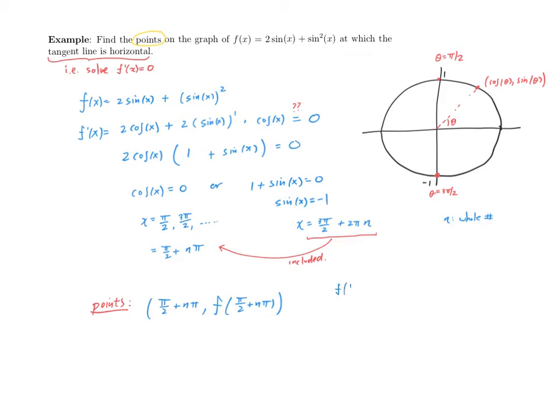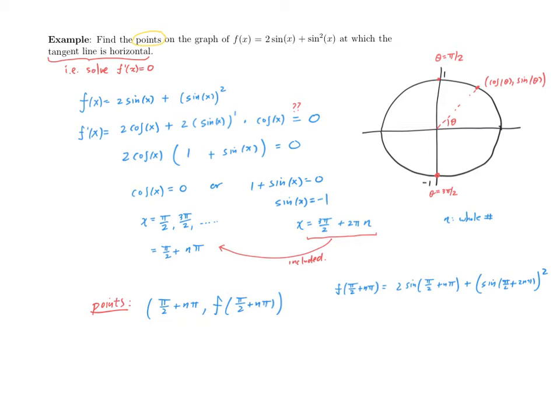So if I want to know what is f of pi over 2 plus n pi, I can go ahead and substitute that in to our function f, giving us 2 sine of pi over 2 plus n pi plus sine of pi over 2 plus 2n pi squared. And this is a point where it matters whether n is odd or even.